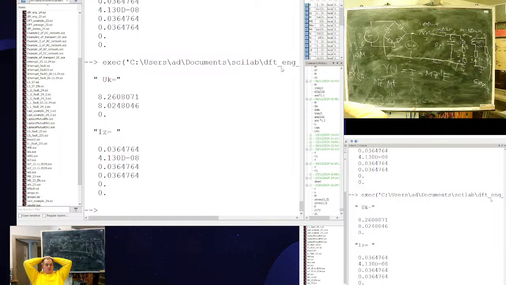Voltage at node 1. Voltage at node 1 is a blue line.